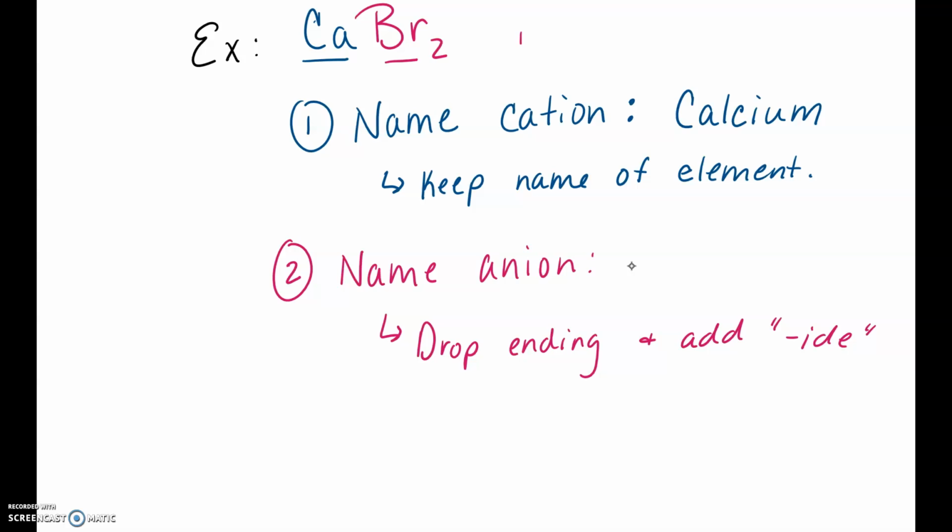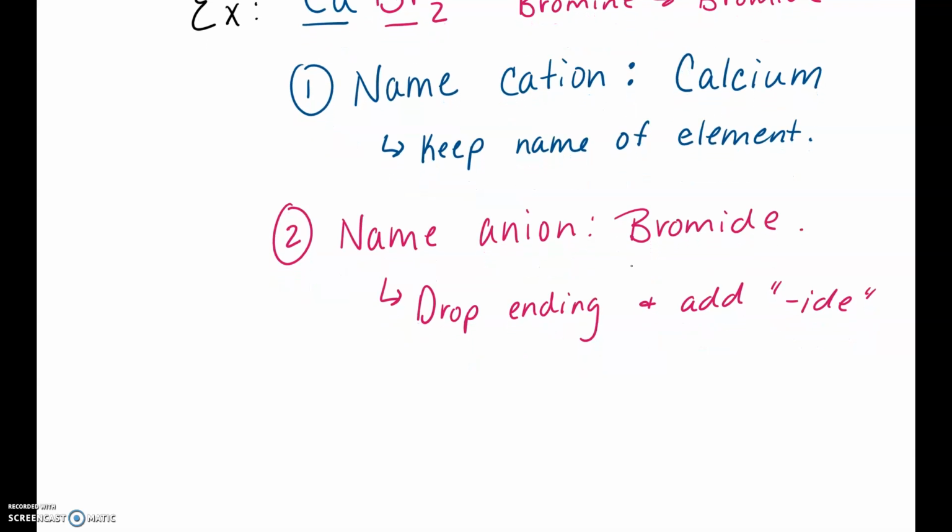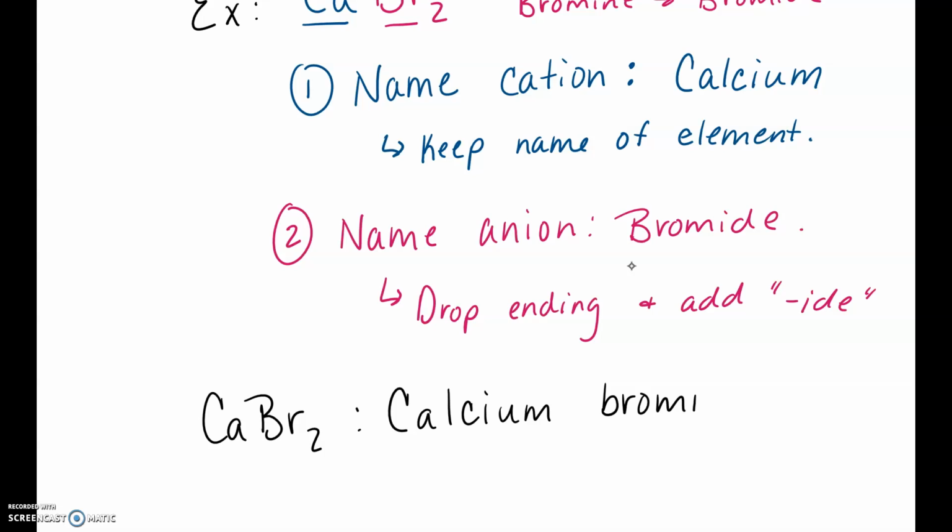So Br is bromine, but when I drop the ending, I get bromide. So the anion here is bromide. And so the name of CaBr2, you put them together and you get calcium bromide. So CaBr2 is calcium bromide.